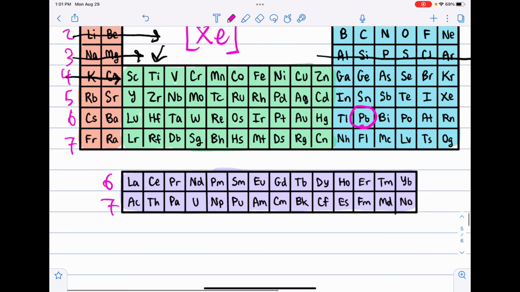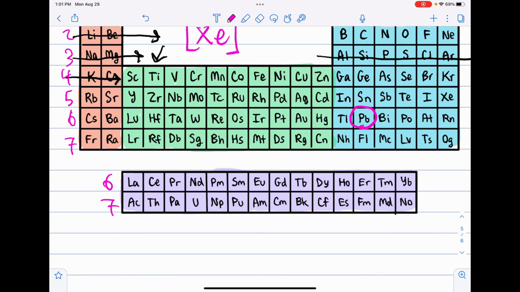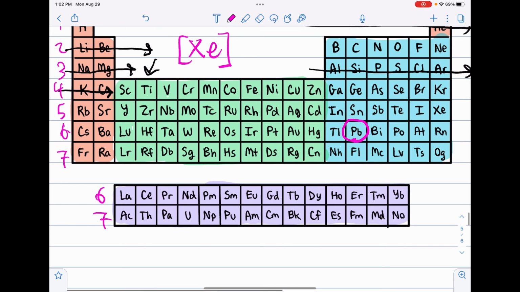So when we're going across the row, we are actually going to go S and then F and then D and then P. So we have xenon, and then we start here with cesium, barium. So that is 6s2 because we have both of those electrons. And by the way, here the atomic number thing does not work. You have to subtract the atomic number of xenon if you're going to do that work-checking hack.